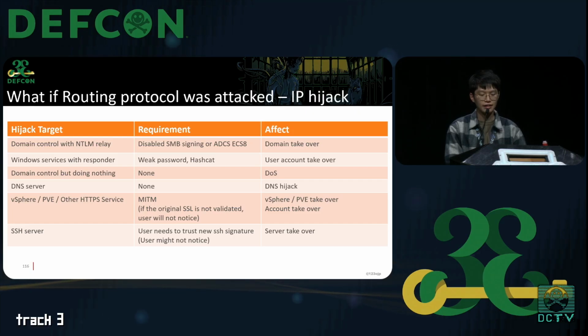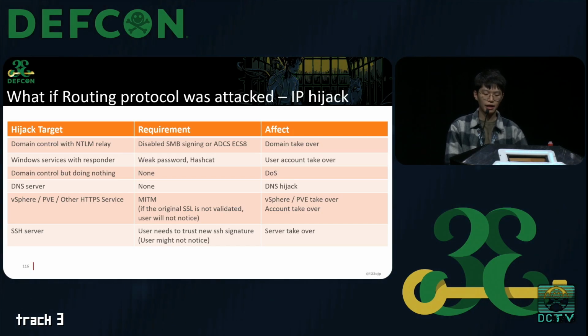If an attacker hijacks the IP of vSphere, Proxmox, or any HTTPS service, and the original SSL certificate is unsigned or not valid, users may not notice. The attacker can then take over the account or the full server. In short, hijacking a service IP can lead to account takeover, denial of service, DNS hijack, or even full domain compromise or server compromise.